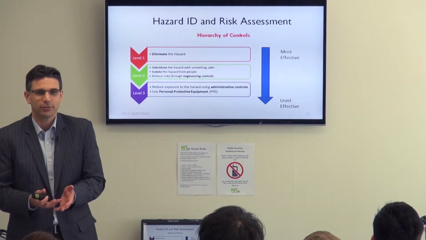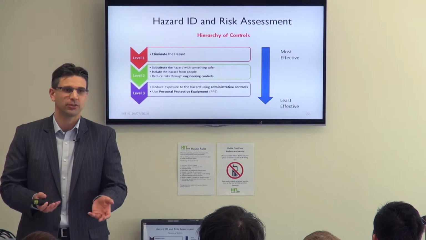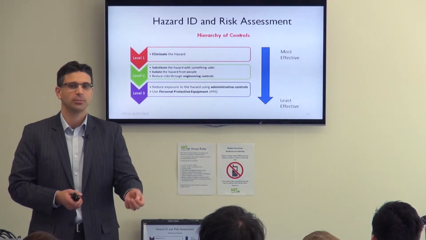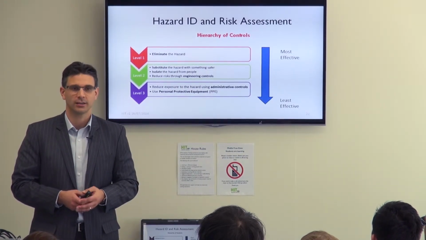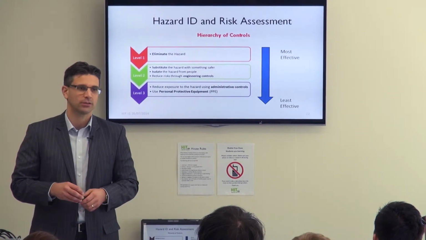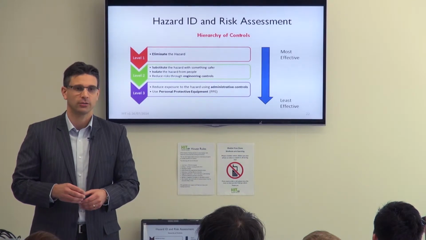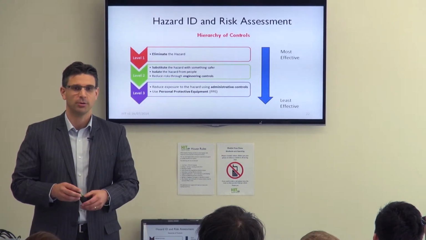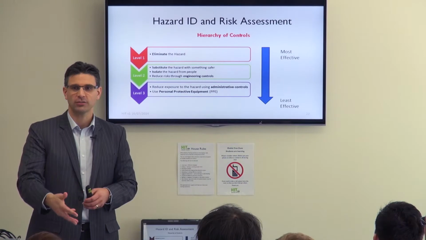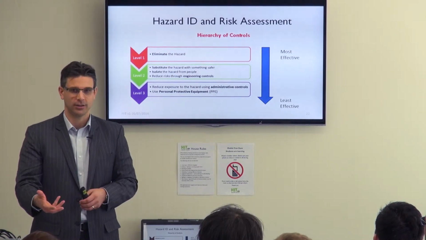That might be, for example, some policies and procedures around using a piece of equipment or undertaking a task. We talk about standard operating procedures, and it's something that we're going to focus on as groups just in a moment, providing some instructions on how to do a task safely.